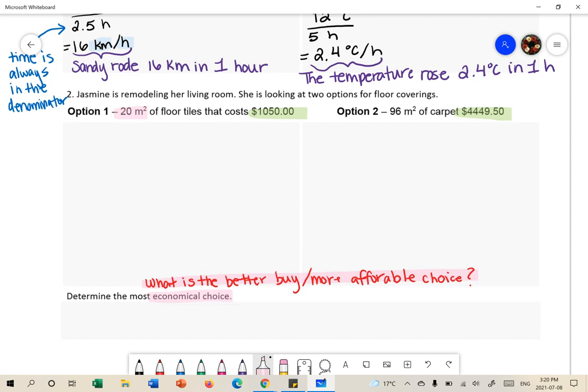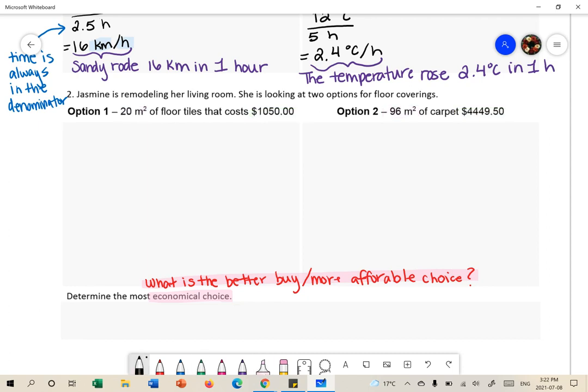In option 2, we have almost 5 times the amount of flooring that will be covered for about 4 times the amount of money. So this is why we need to find the unit rate in order to determine what the better buy is. Because by looking at these quotes, it's hard for us to determine which one is the better buy.